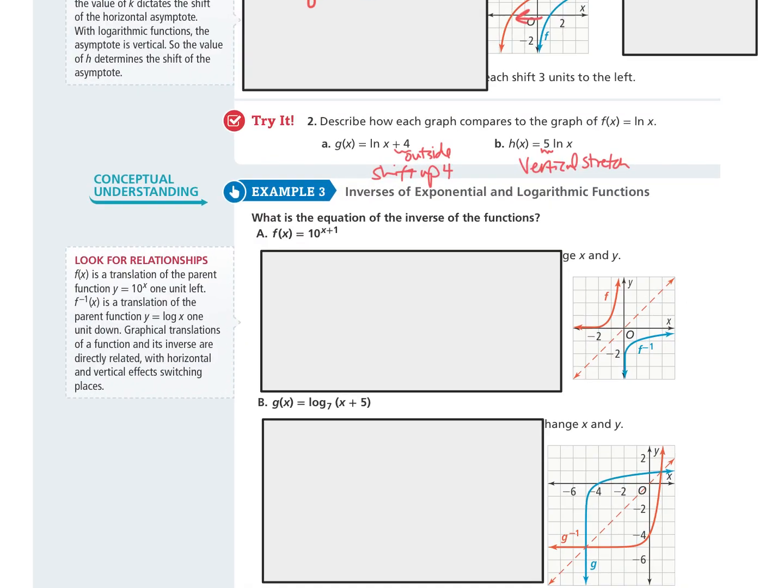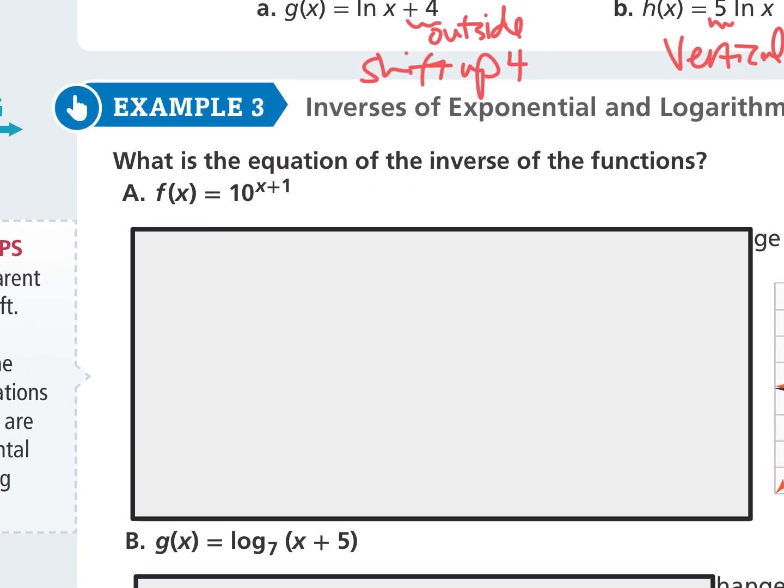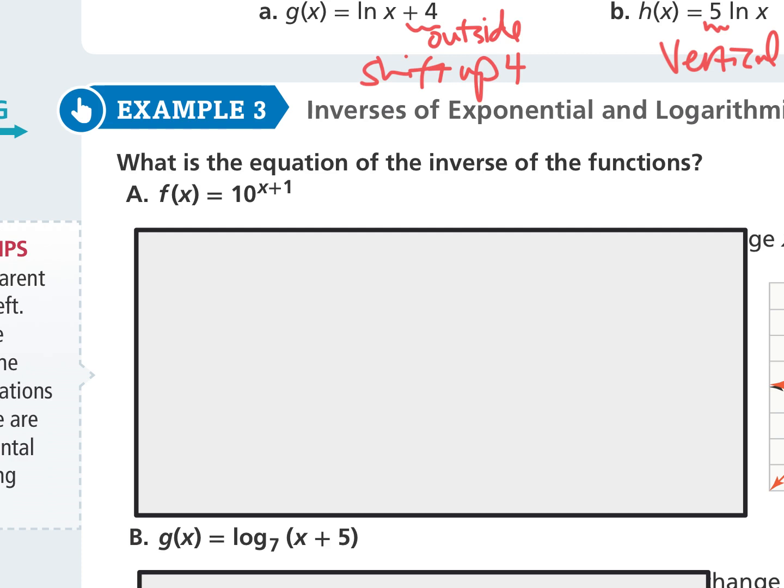All right, we've got one more example left to do, and that is to just find inverses, so slightly more complicated inverses. So let's look at that. So this is what my equation is going to start as, and I'm going to make notes of that. First, I'm going to switch these. X equals 10 to the inverse plus 1, sorry, not multiply.